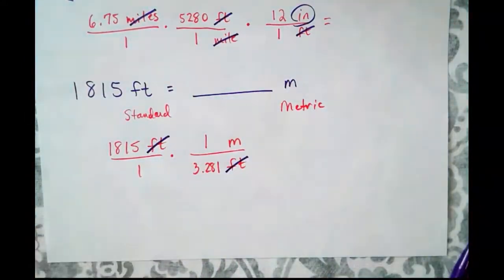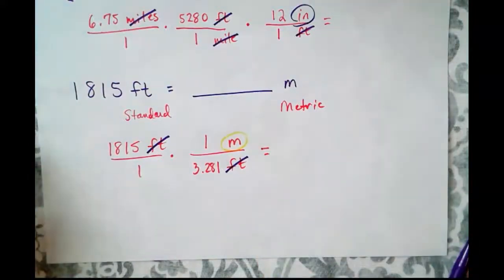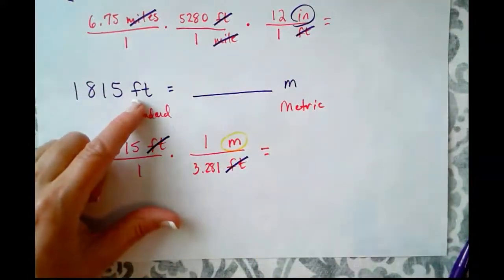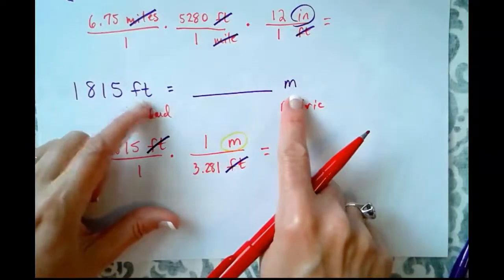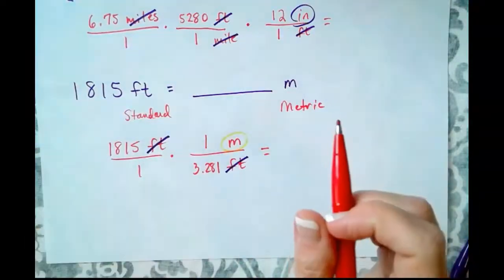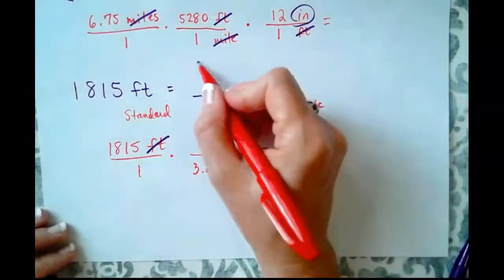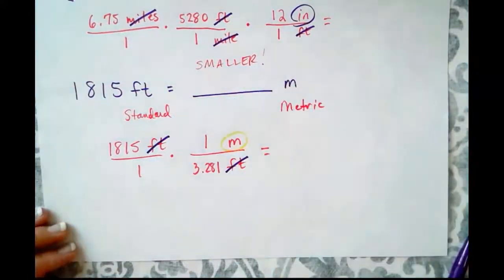I am left only with meters, which is what I want. And let's anticipate what our answer should be. If we're going from feet to meters, a meter is larger than a foot. We can see it right here. So instead of our answer getting bigger, our answer is about to get smaller than what was given. So let's check it out.